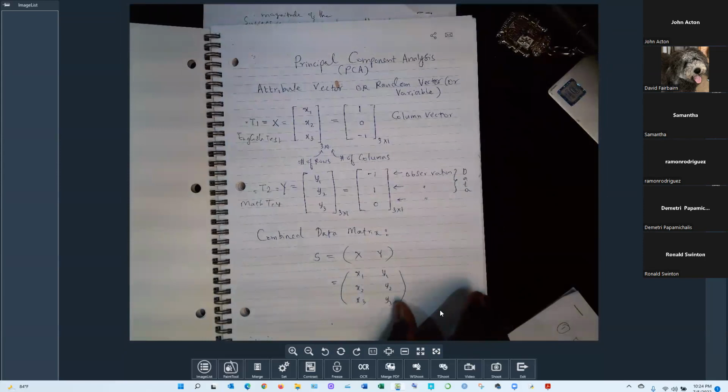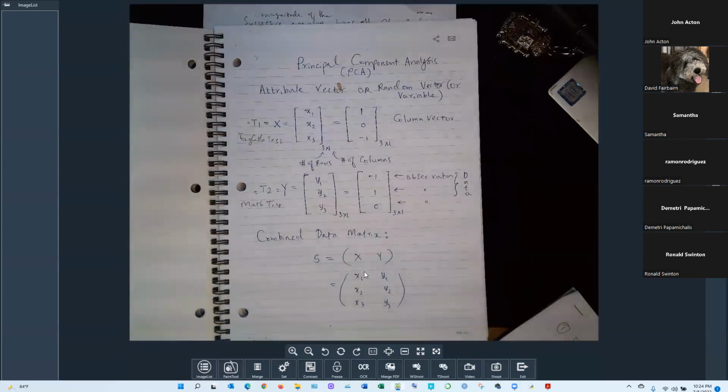Extend the same idea for the 50 observations, 50 rows, and 13 variables, 13 columns.